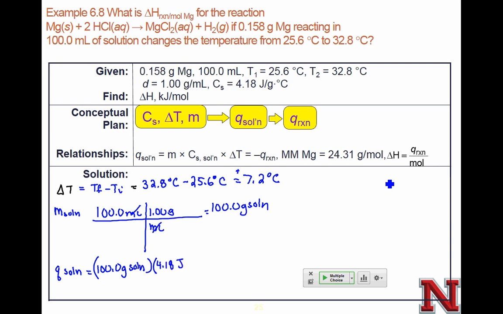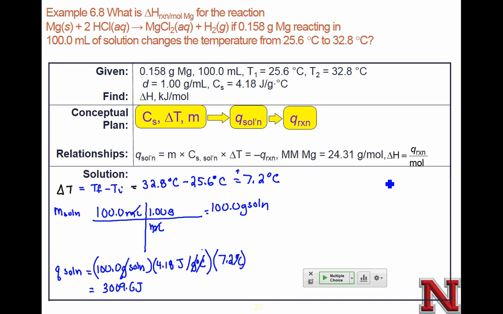Notice this is in joules per gram degrees Celsius. Times, of course, our change in degrees Celsius, which is positive. So this will be a positive number. Grams cancel out, Celsius cancels out, so this leaves us our Q in joules. And this is going to be equal to our Q of our solution.